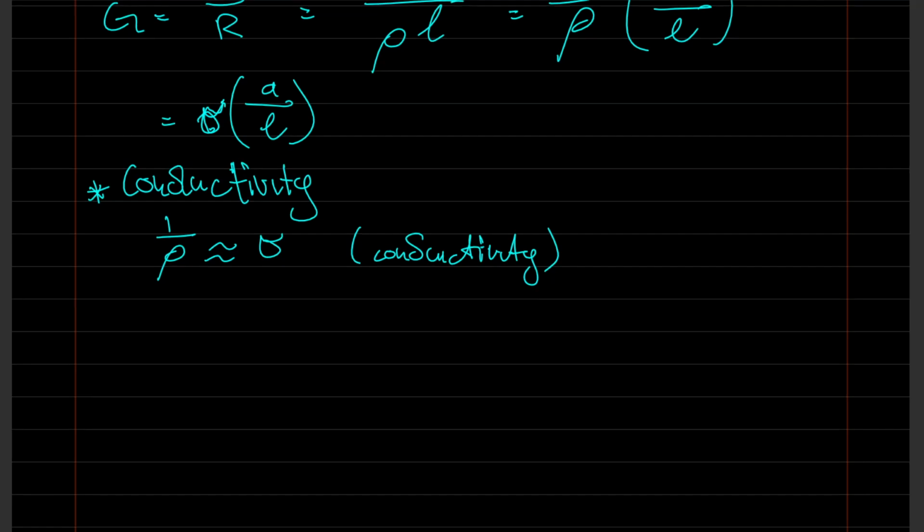Now it's measured in Siemens per meter. What we should also know about this one is that the material having the highest value of conductivity is the best conductor, while the one having the poorest conductivity is the best insulator.